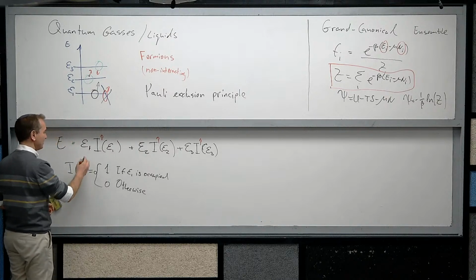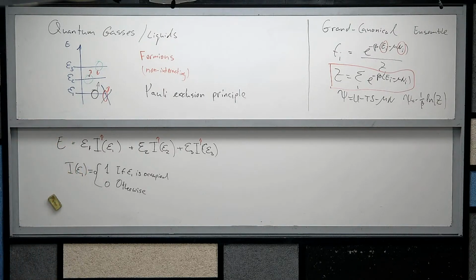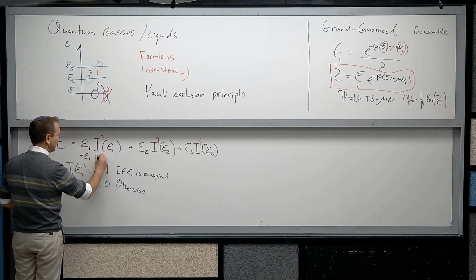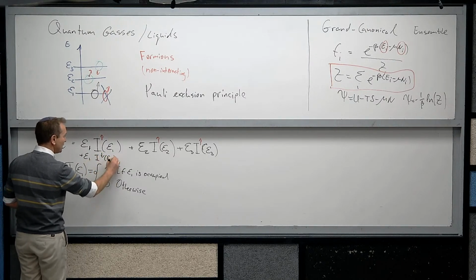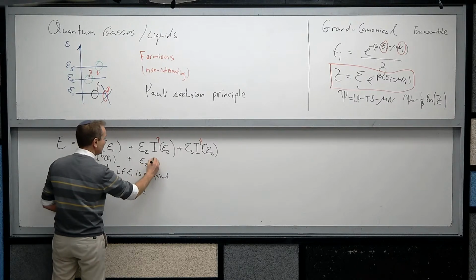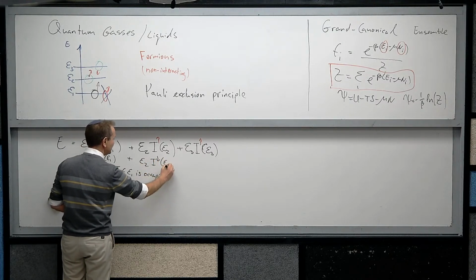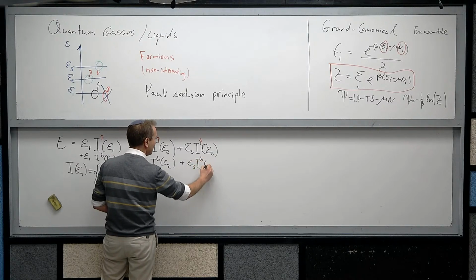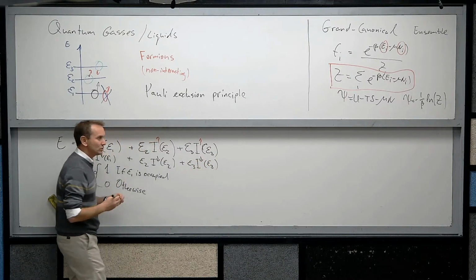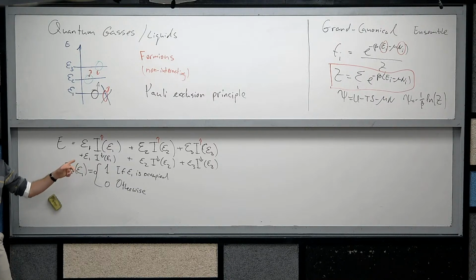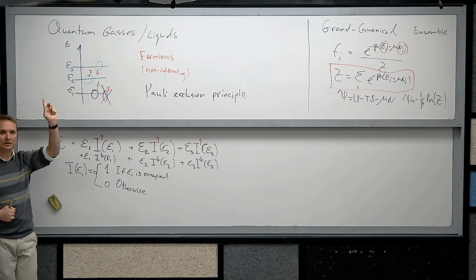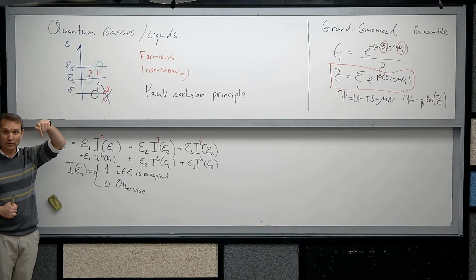And I can have plus epsilon 1 I down epsilon 1 plus epsilon 2 I down epsilon 2 plus epsilon 3 I down epsilon 3. Right? So this is the degeneracy. So I'm assuming that the energy is independent of whether I have spin up or spin down. Okay.